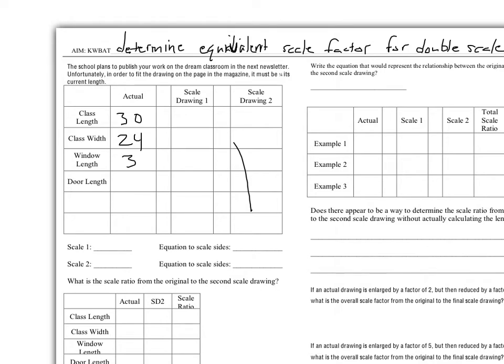Our window and door lengths were both 3, and we had some other objects in there. I'm just going to throw in a desk, and our desk was 1.5. No, it was 2 by 3.